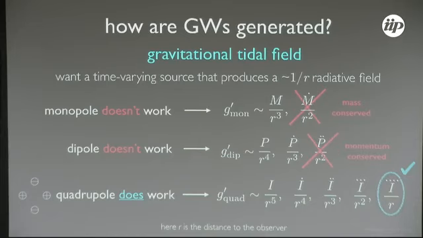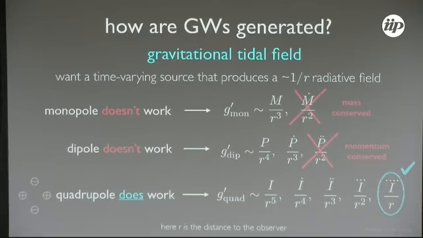So you have to go 1 multipole higher, to the quadrupole. A mass quadrupole looks like an excess of mass, an excess of mass, a lack of mass, a lack of mass, so 2 dipoles. This could be, for example, a binary, where you have 2 objects and no objects here.